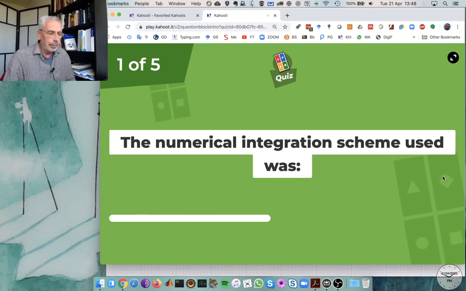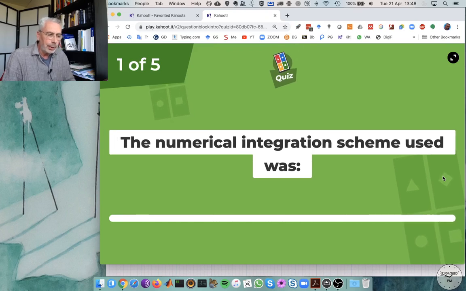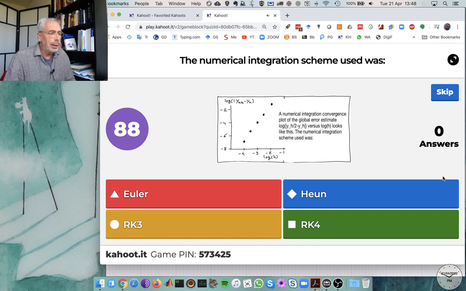Okay, first question. Which numerical integration scheme was used? So here you see this convergence plot, using different step sizes for the error estimation. We have different schemes, of course, with different order, and from the plot you can guess what the order was, and then you can guess what the scheme used was.